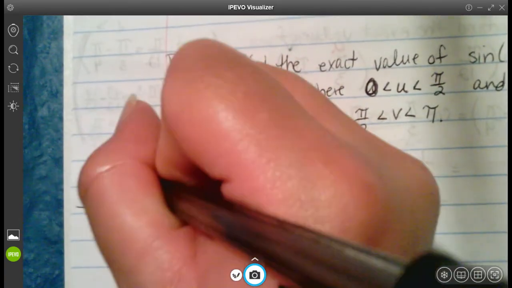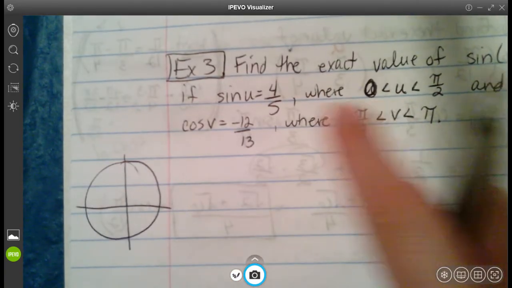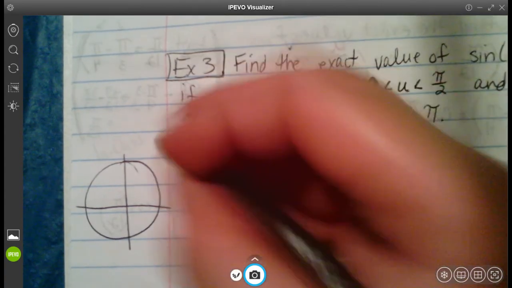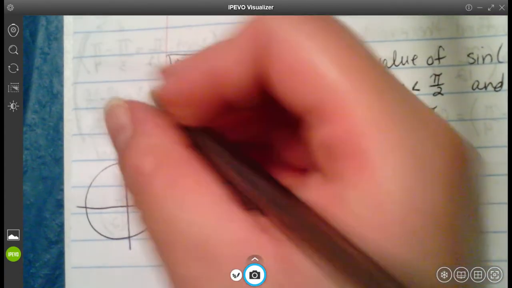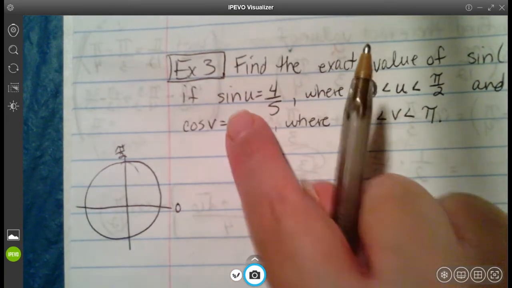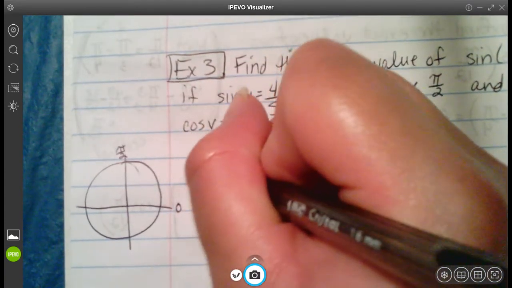I'm going to draw like a mini unit circle right here. And they're saying that our angle is u, and u is between 0 and pi halves. So 0 is right here, and pi halves is right here. So it looks like sine of u equals 4 over 5 is in quadrant 1.